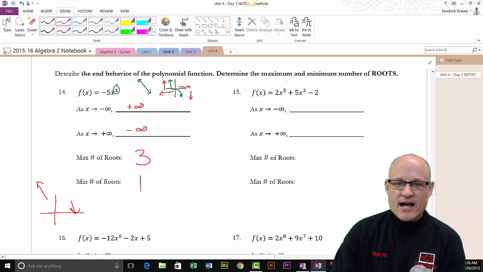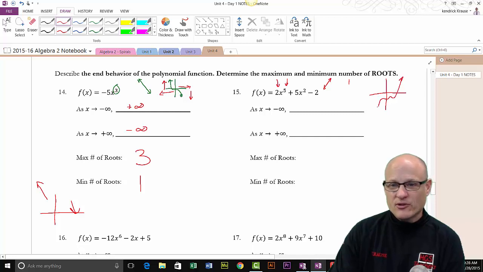So here we go. We've got an odd function with a positive leading coefficient. In this case, think about a line that has a positive slope. Lines are first degree, or odd, but it's not going to look like that. It's going to look funky, especially when it's a fifth degree. I like drawing funky stuff.